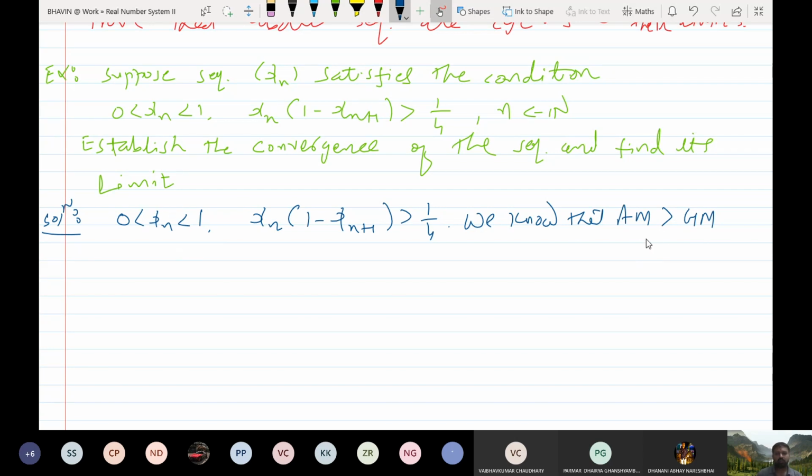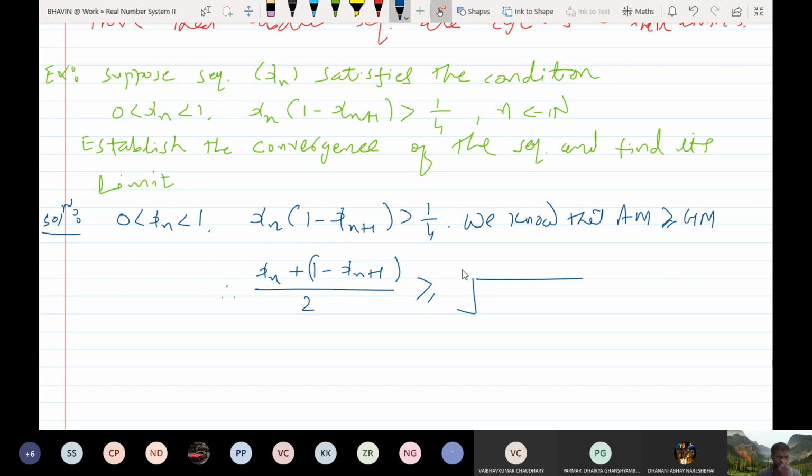Here the xn's are positive, so that we can consider this arithmetic mean and geometric mean. Now consider xn and 1 minus xn plus 1, these 2 terms. What is its geometric mean? Do you understand? The arithmetic mean is always greater than or equal to its geometric mean.